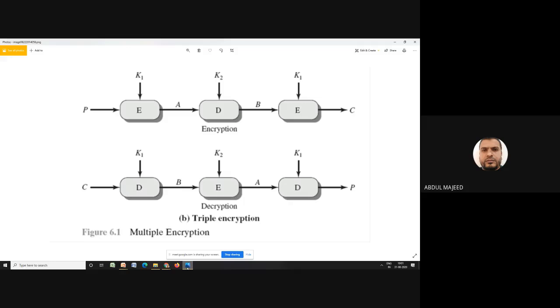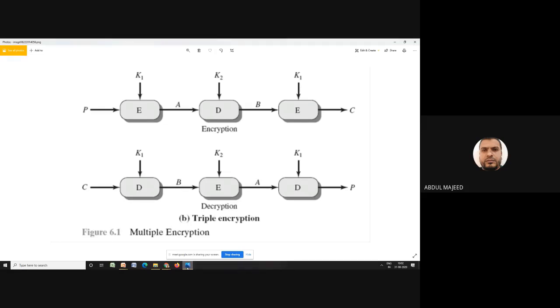The same thing you can decrypt also. For decryption, the second diagram is below that. First you take the ciphertext as input and decrypt it with the key K1.